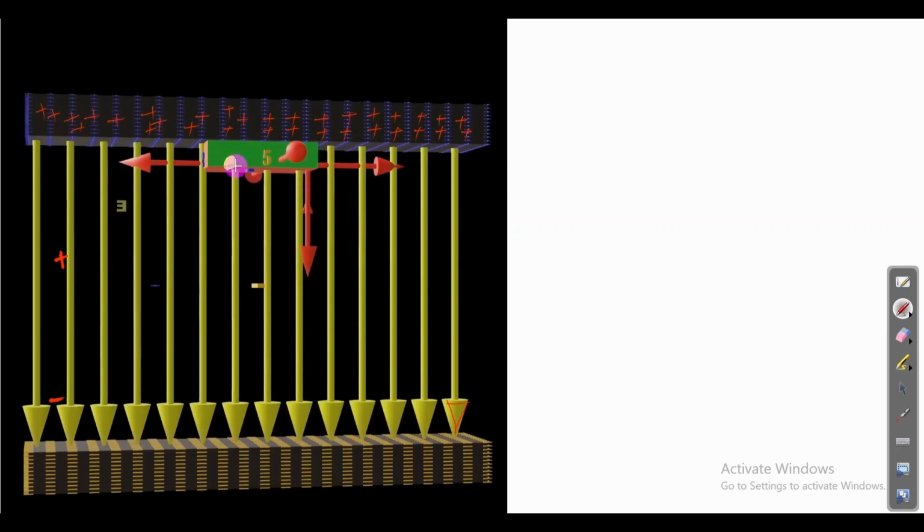This box is a Gaussian surface. In order to apply the Gauss law, we must consider a Gaussian surface around that point. In the previous case, we considered a cylinder-like shape as the Gaussian surface. In this case, we consider a box-like shape.